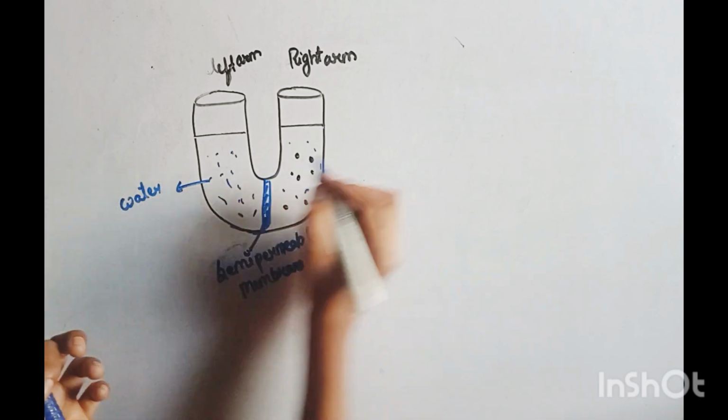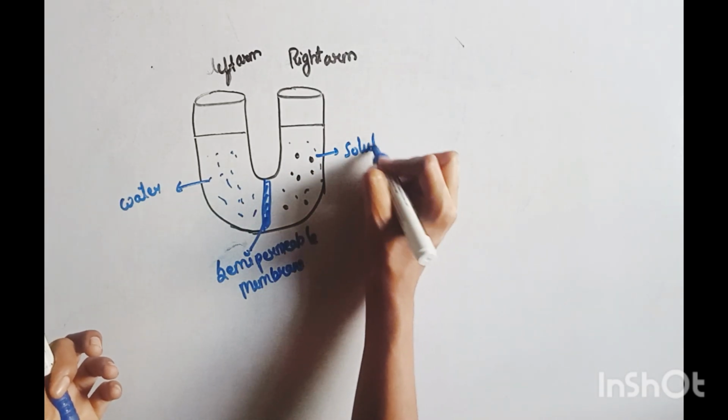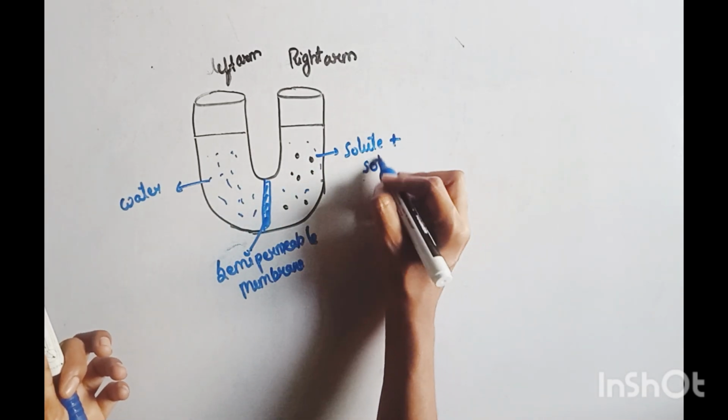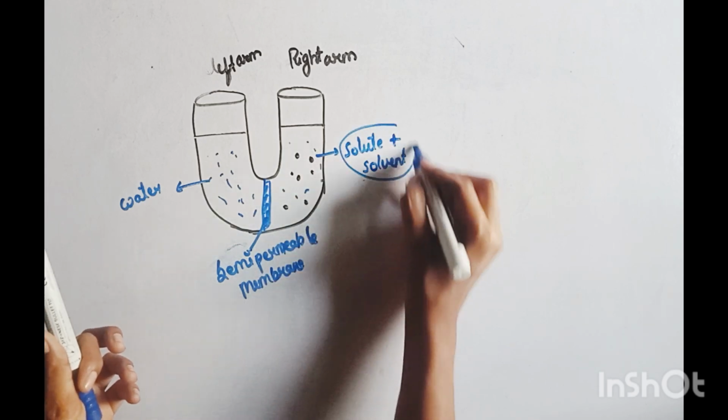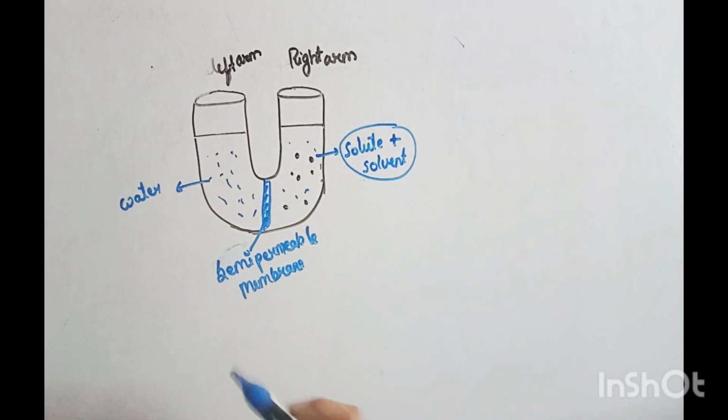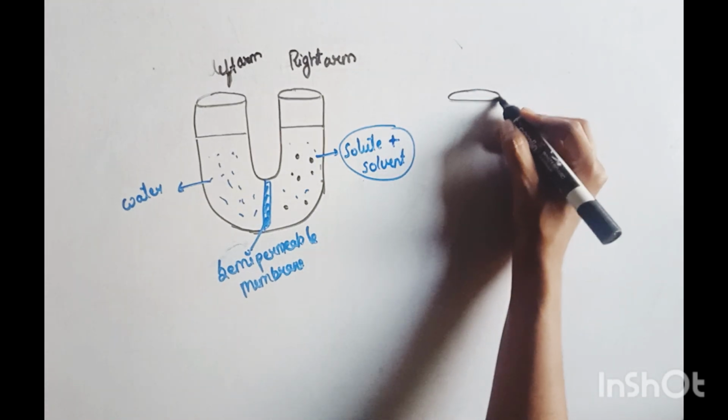So the water concentration is more in the left arm and less in the right arm. So the water moves from high concentration to low concentration, from the left arm to the right arm. This is how the osmosis process begins.